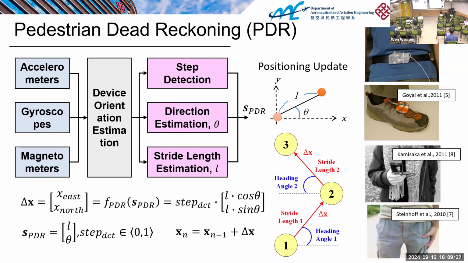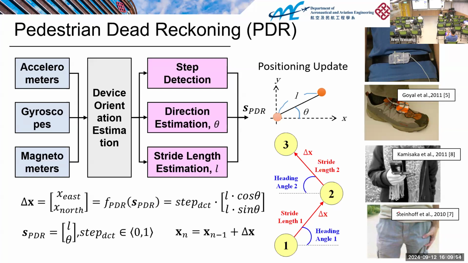If you move forward, usually each stride is around 0.5 meters. By accumulating this motion change, you should be able to infer your trajectory. You can install the IMU sensor in your shoe or just carry your smartphone, because inside your smartphone you also have IMU sensors.